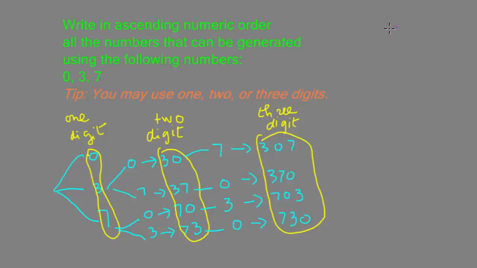You have 0 followed by 3, 7, 30, 37, 70, 73, 307, 370, 703, and finally 730. Et voilà.